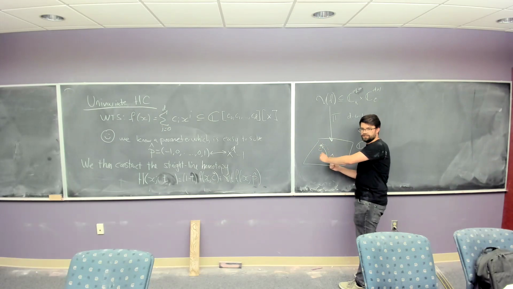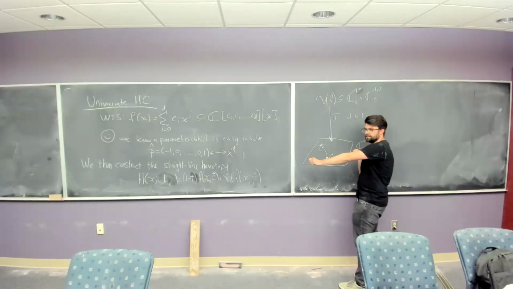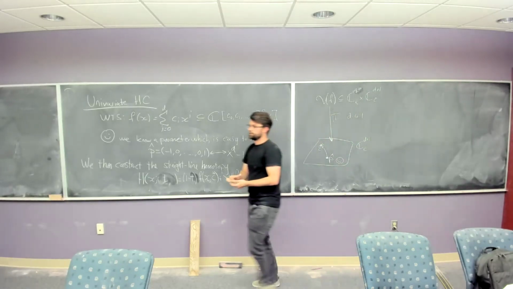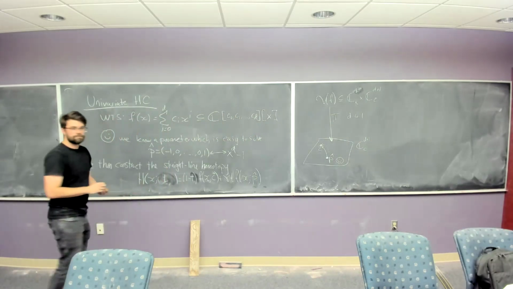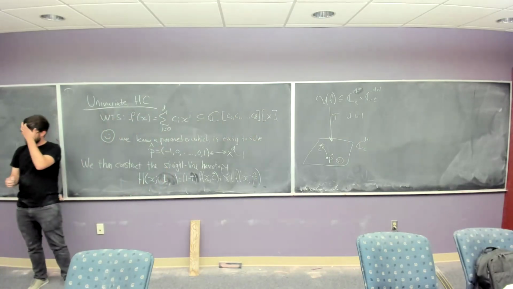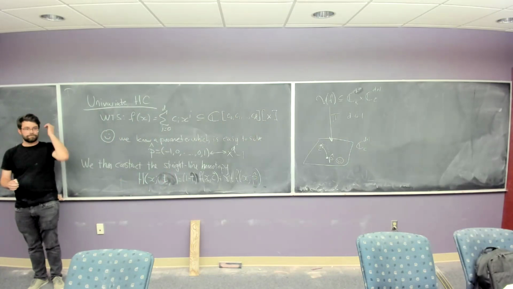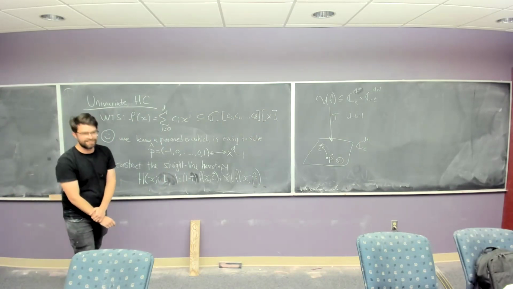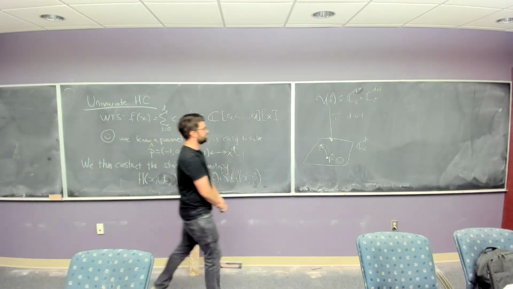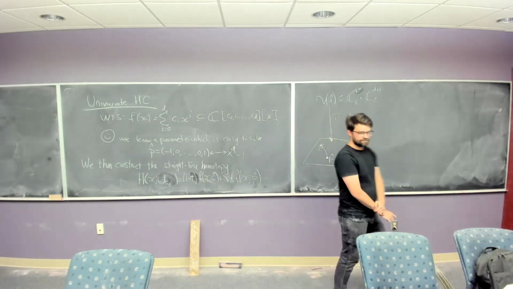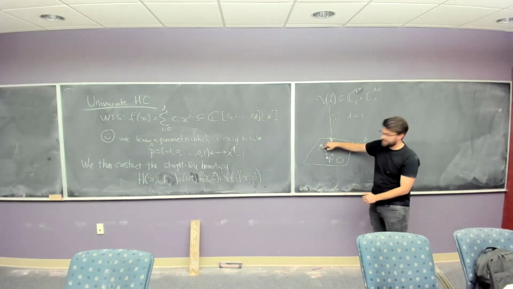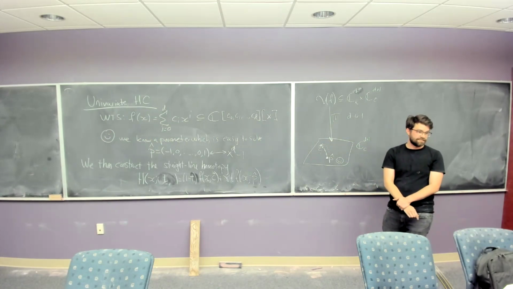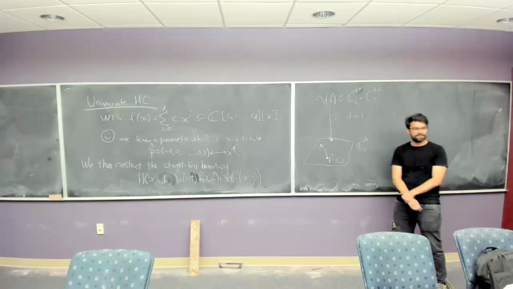So in univariate continuation, we had just a little line segment, and that's just a little line segment in this big space. Each point on that line segment is a polynomial of degree d, and every point probably has a different solution set.